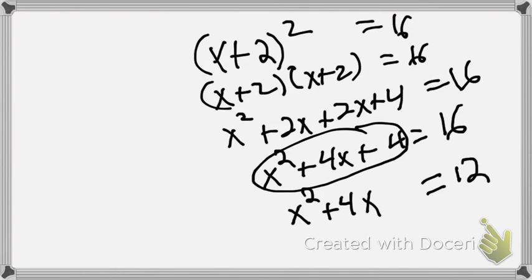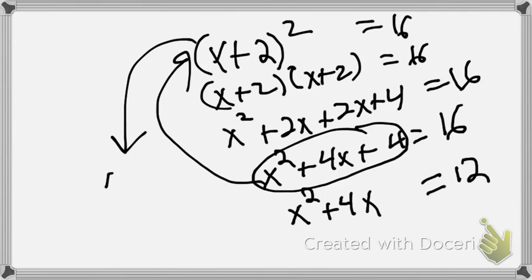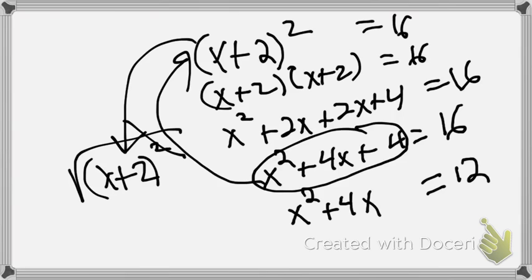Well, I know that this right here, x squared plus 4x plus 4, equals x plus 2 squared. And x plus 2 squared, I can take the square root of to get x by itself.